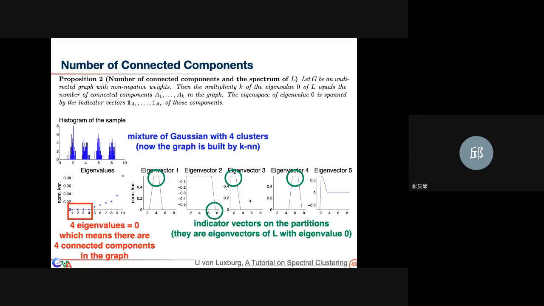Another important idea I want you to remember is that the eigenvectors of your graph Laplacian matrix L are closely related to the indicator vectors of your partition.